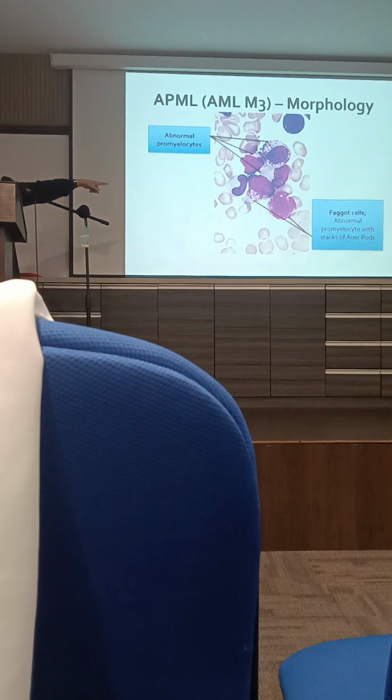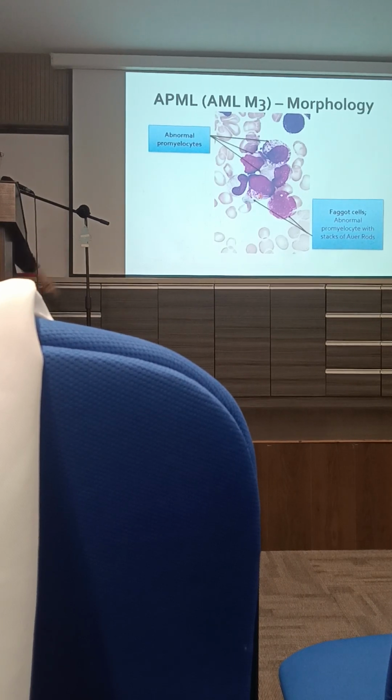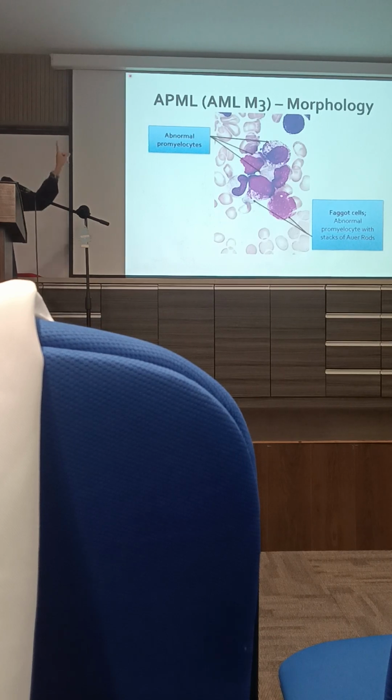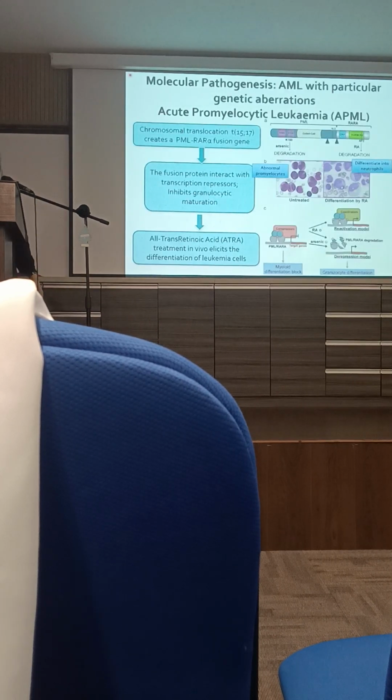So just stacking like this. More or less, this one is also like stacking. Some may argue, but for undergraduate it's fine. Okay, stacking. So these are faggot cells. You only see this in APML.